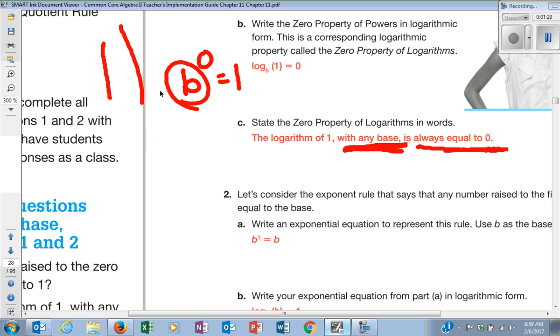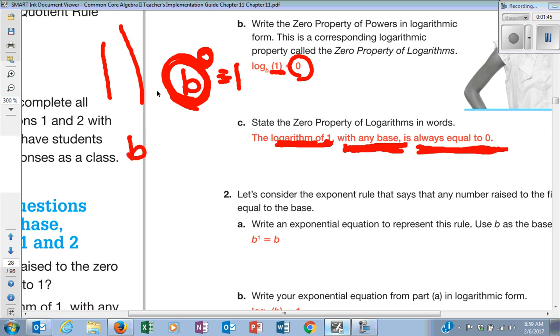It's going to be anything. Anything right here, base anything to the 0 power is always going to be 1. Anything to the 0 power is 1. So whenever I have anything and the argument is a 1, I know it has to equal 0. It is called the zero property. So any log of 1 with any base is always equal to 0.